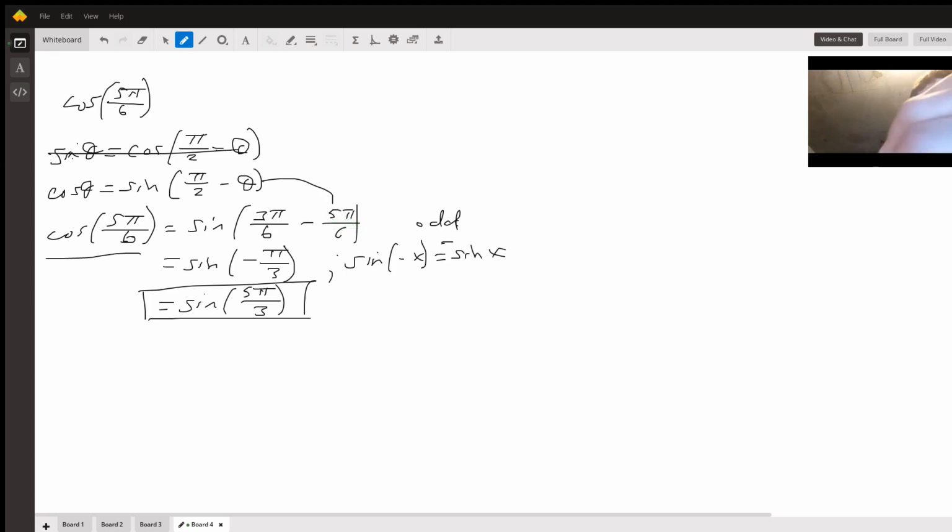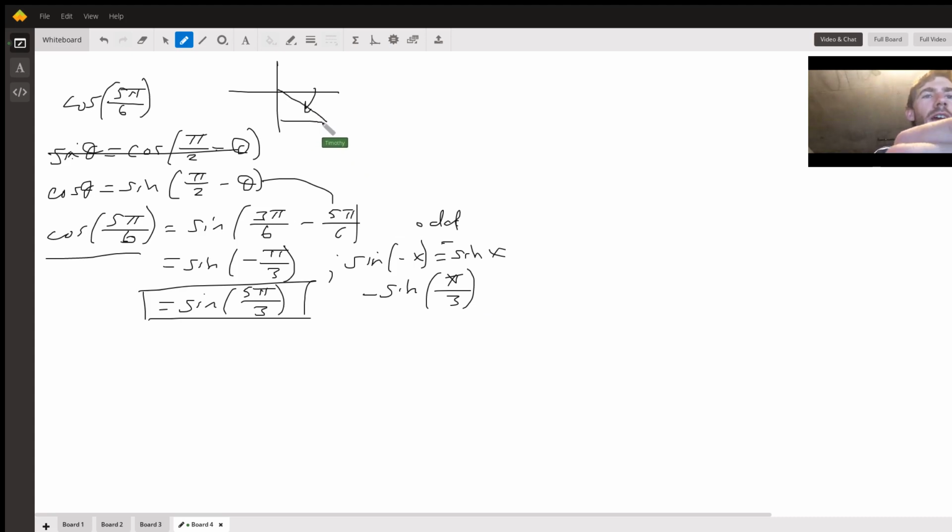Okay, well, sine of negative pi over 3 is the same thing, since it's an odd function, as sine of negative x is negative sine of x, so it's the same thing as saying negative sine of pi over 3. Basically what that means is that we're going down here, and now we're over here.